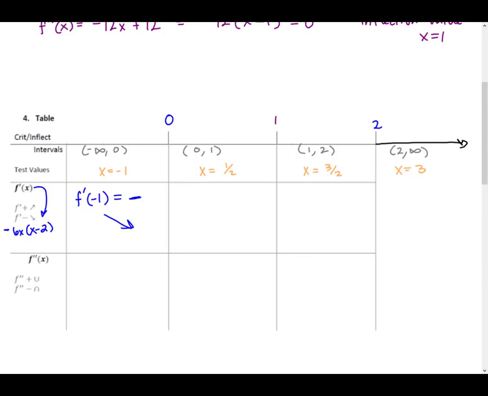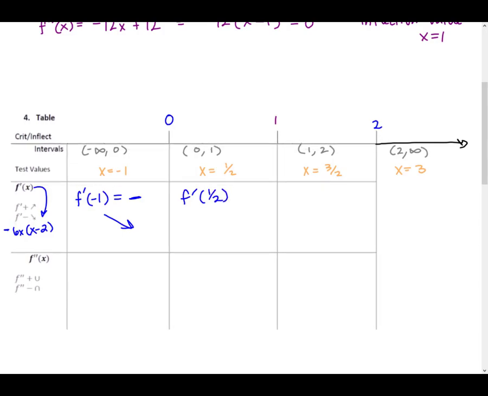So let's look at f prime of 1/2. Now if I come over here and I plug positive 1/2 in right here, that's a negative times a positive, and 1/2 minus 2 will still be negative. So negative times a positive times a negative, that will equal positive, and we know the graph is increasing on this interval. All right, let's look at 3/2.